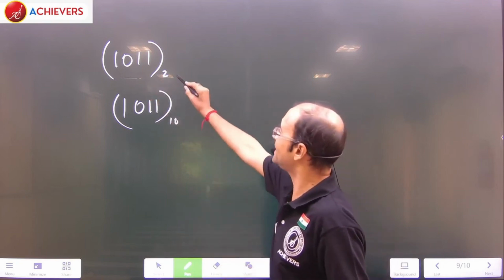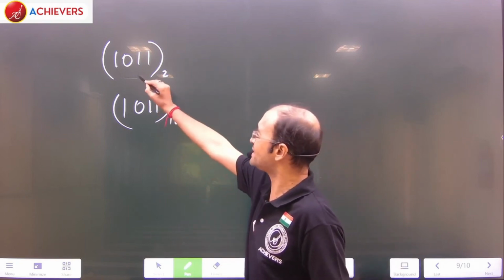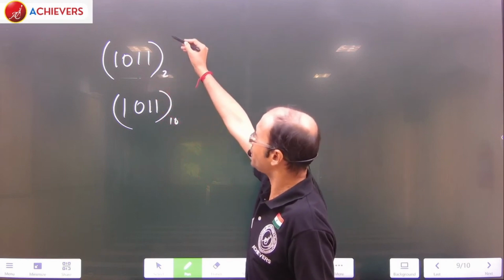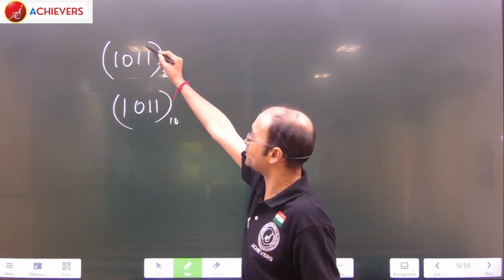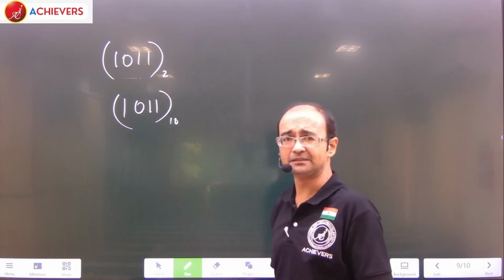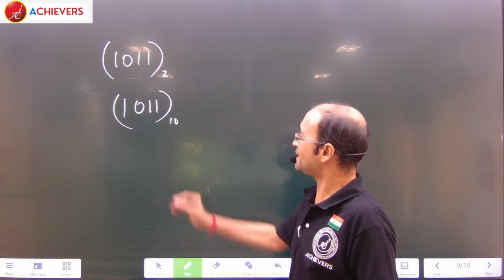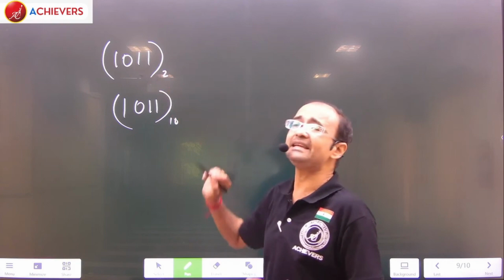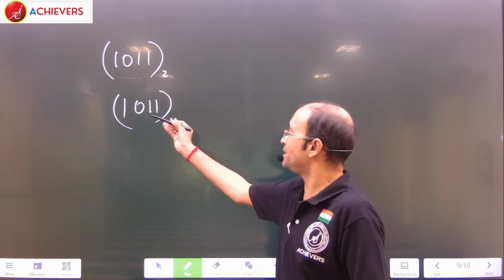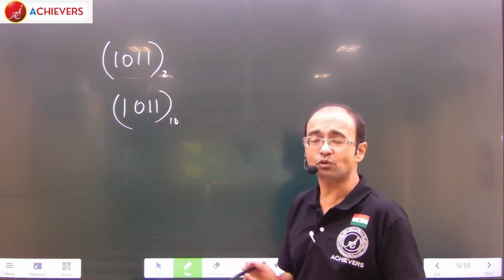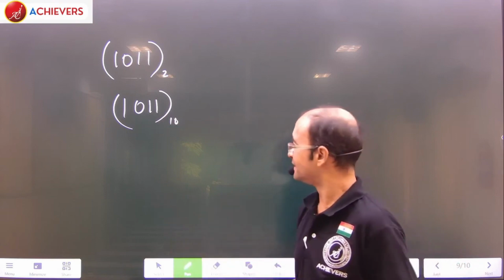And when we define it as 2, it will be 1011 with 2 to the power 0, 2 to the power 1, 2 to the power 2 and 2 to the power 3. So the value of this will be 11, and this will be 1011. So the two values are totally different.